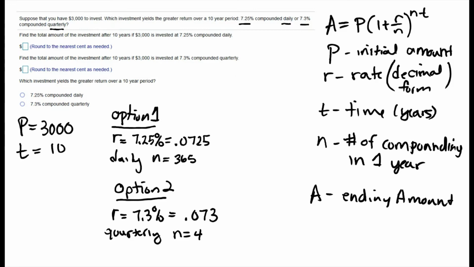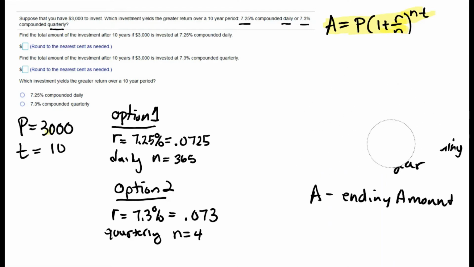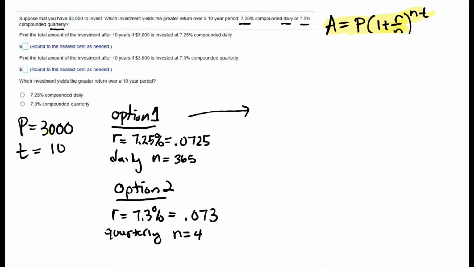So what we want to do is use our formula of A equals P times 1 plus R over N to the NT with these 2 different options. So let me erase what all these mean. And let's work out option 1.